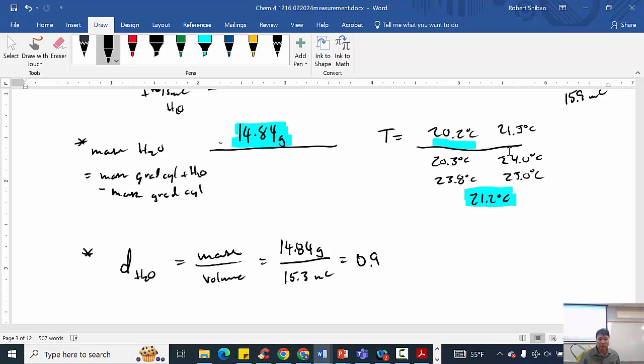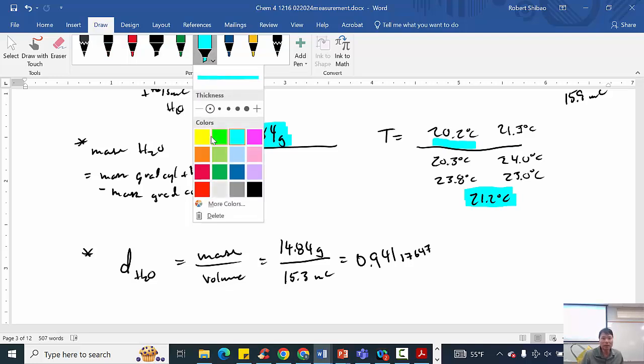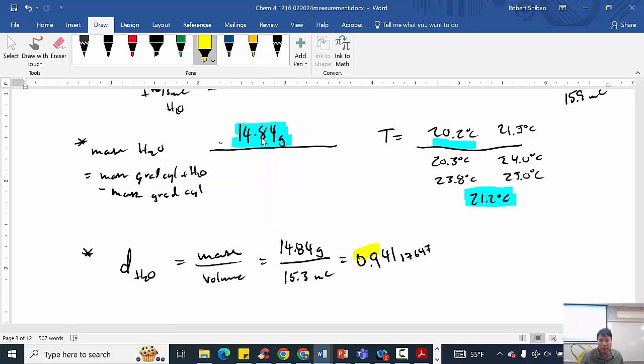Okay, so this density comes out to 0.941. I'm going to talk about this later, but we have something called sig figs that we have to deal with. So I'm going to write all the digits in the calculator: 0.94117647. But we're only allowed this.